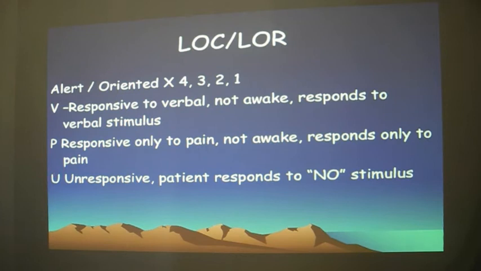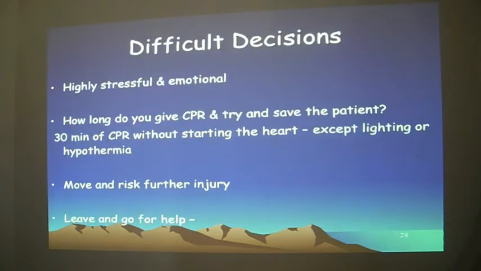And then U stands for an unresponsive patient. This means that they do not respond to verbal or painful stimulus. They are certainly not alert and oriented. This means they are completely gone, that they are not responding to anything that you do.